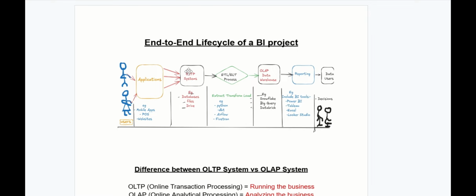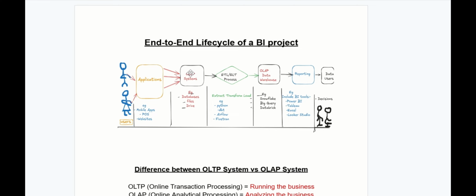This storage system is what we call the OLTP system. So you interact with an application, for example LinkedIn, Facebook, or Amazon websites, and once you interact with it, you generate data, and this data is stored in the OLTP system.